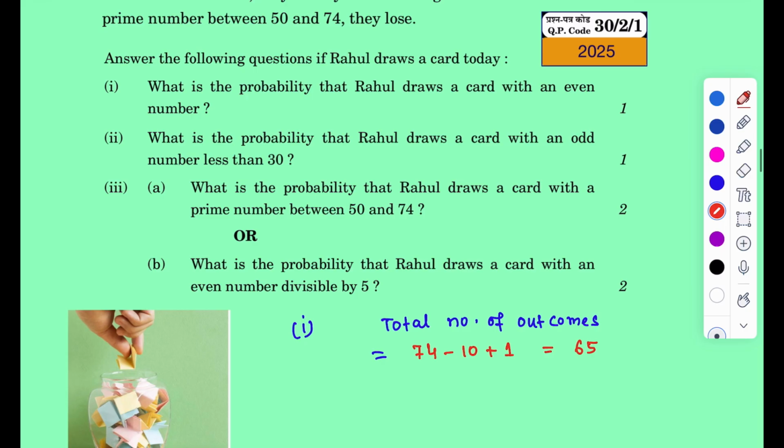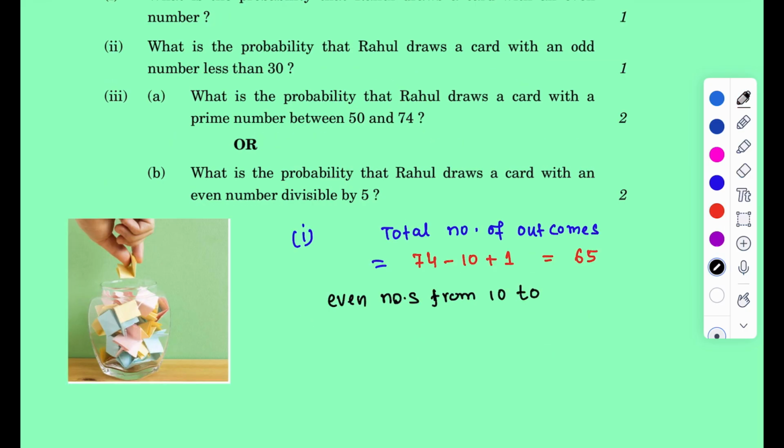We need the total number of even numbers from 10 to 74. It will start from 10, 12, in this way, and we will end at 74.